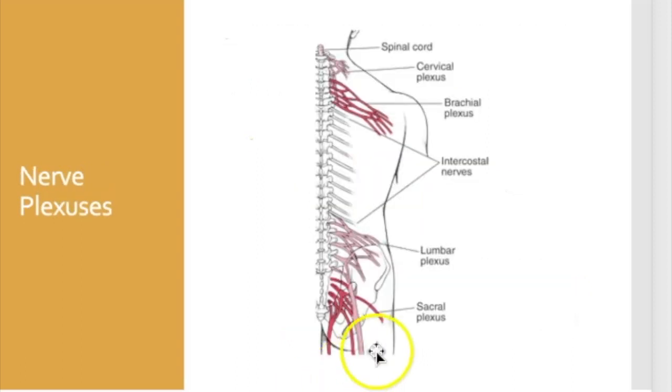This was the image that we used in lecture just to demonstrate the complexity of what a plexus is. Remember, that anterior branch of each spinal nerve is going to give rise to these various plexuses: cervical, brachial, lumbar, sacral, and coccygeal.